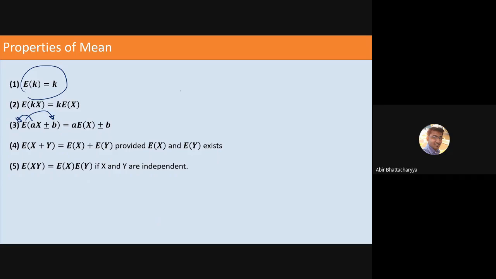X and y are independent. Independent means they do not depend on each other. Say x is a random variable: if I toss a coin, the outcome of tossing the coin is x.